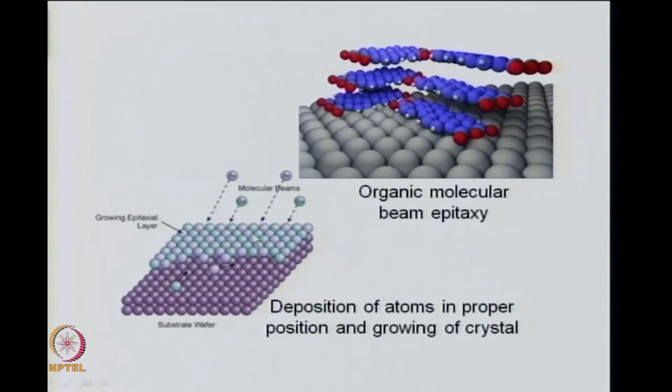Then they form this layer on top of the substrate, and the structure of the gallium arsenide layer exactly matches the structure of the substrate, and so this is the typical molecular beam epitaxy method. Gallium arsenide, as you know, is a very important semiconductor and used for many applications.